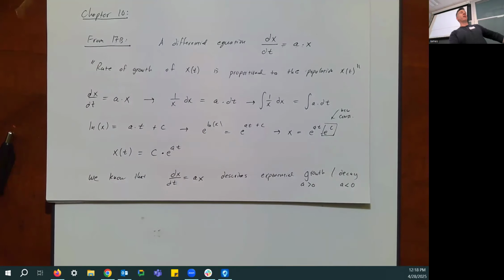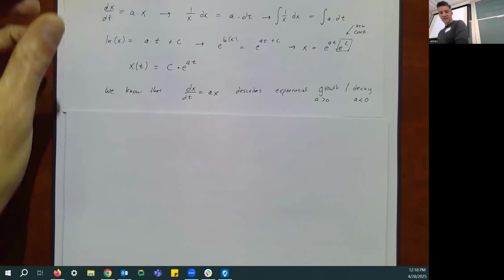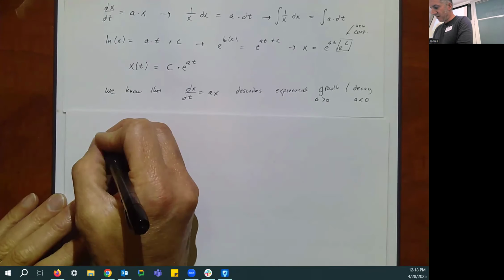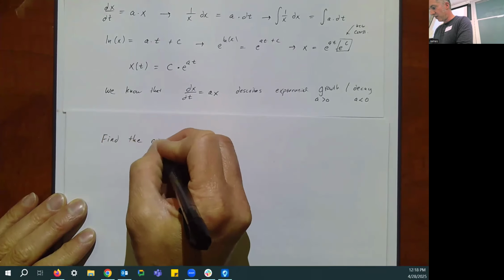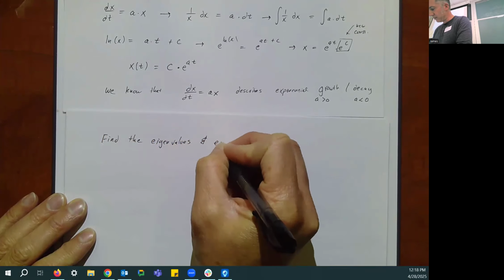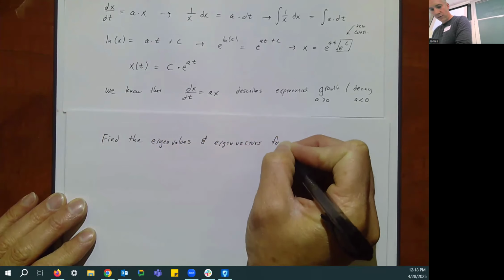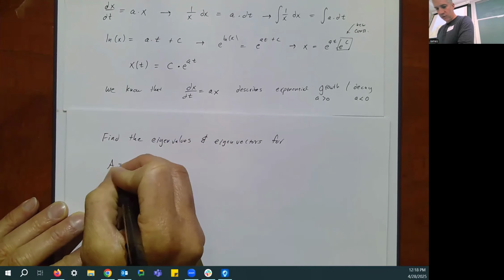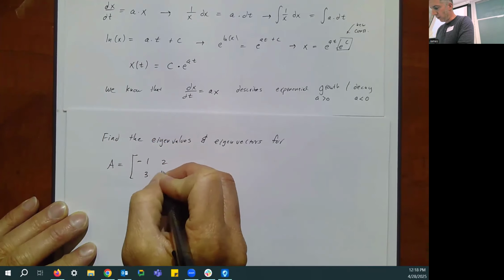Now we're going to remember some other things from 17b, like 2x2 matrices and finding eigenvalues and eigenvectors. I know, right? So we're going to find the eigenvalues and eigenvectors for the matrix A equal 2, -1, 2, 3, 4.